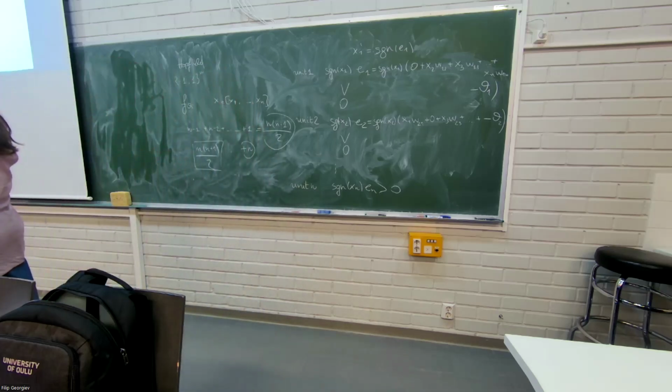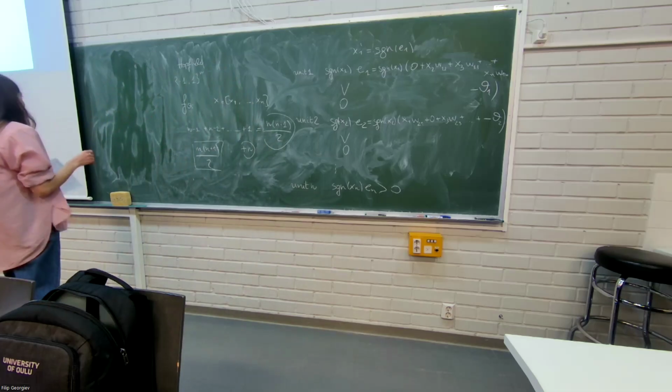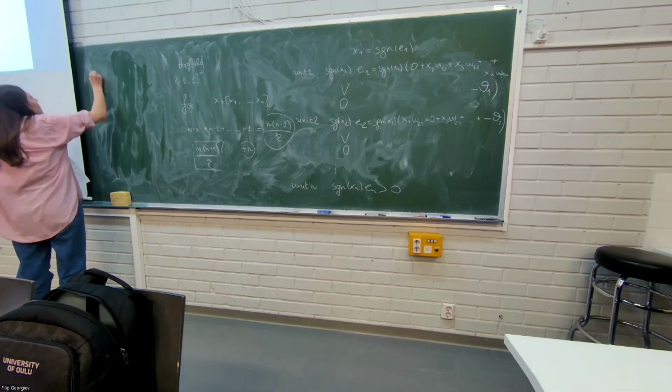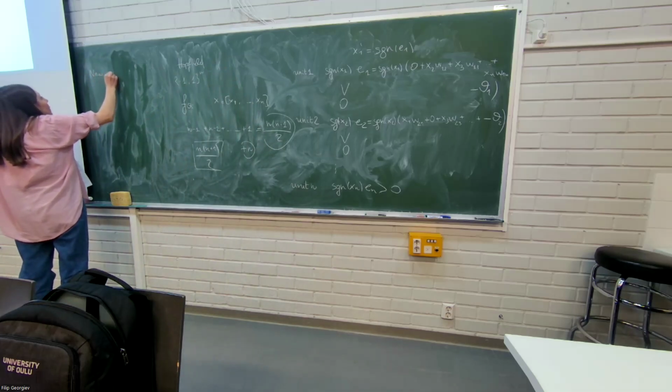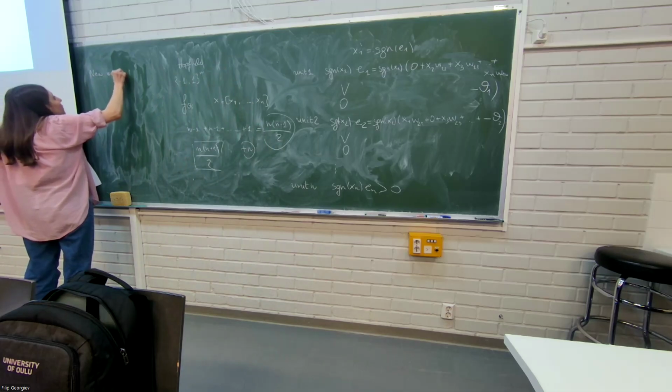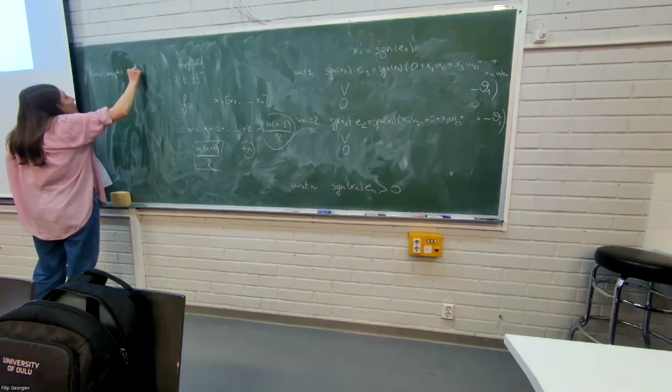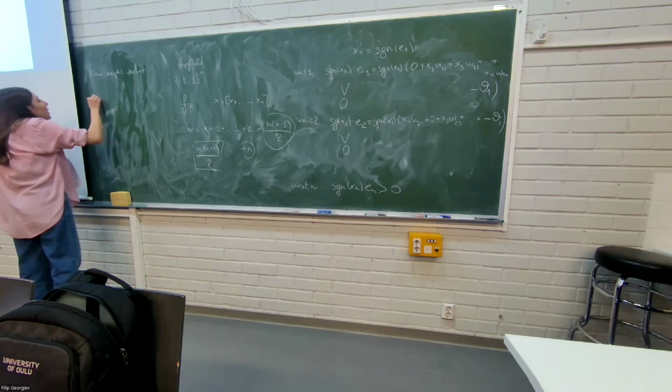All the weights and thresholds together become like stuff coming from the left side. So the new weight vector is not shocking.